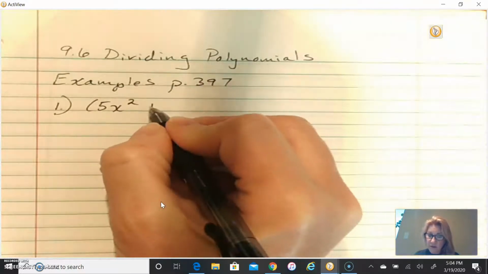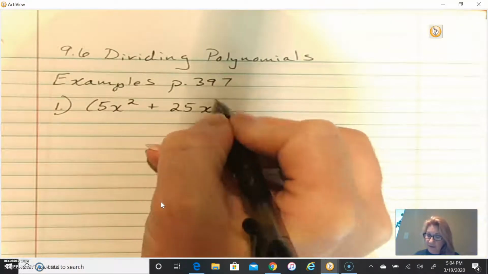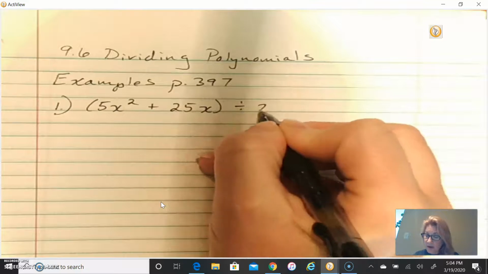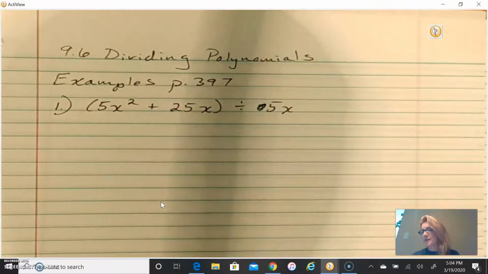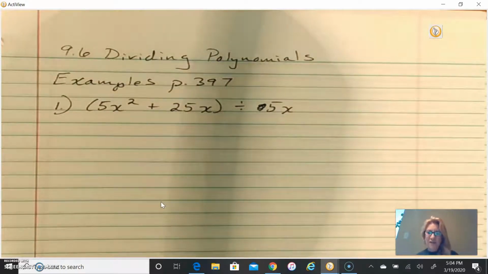5x squared plus 25x divided by 5x. That's a mess. All right. So number 1, it just says to divide. Here's how you do it. It's almost like distributive property.